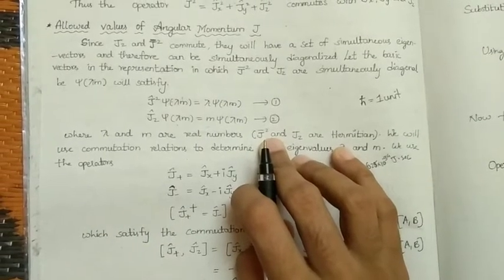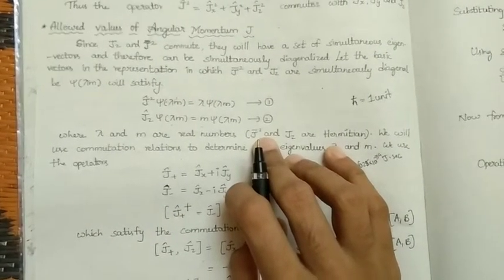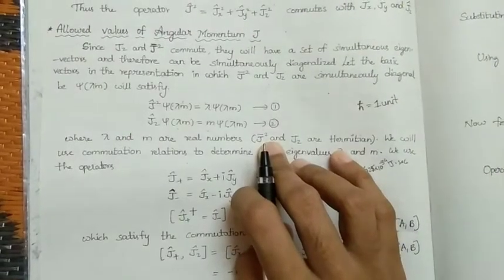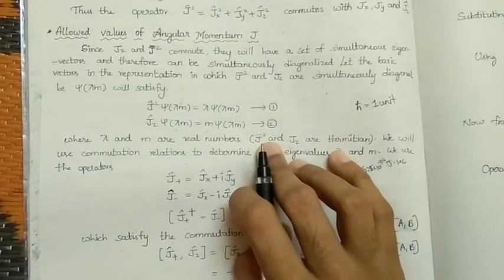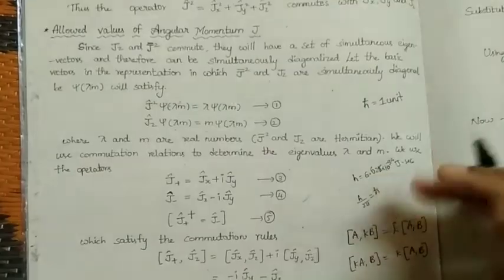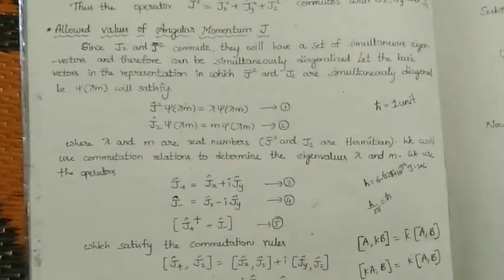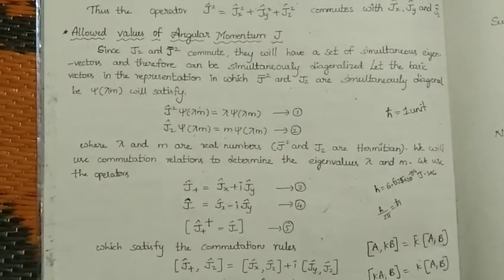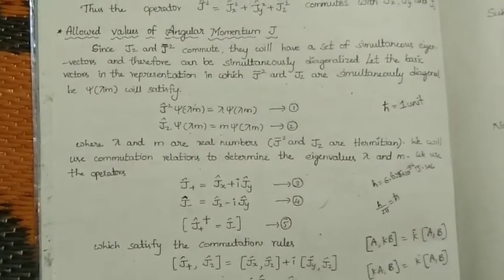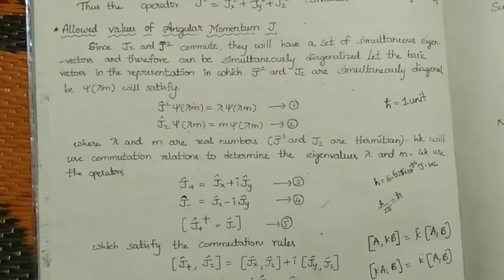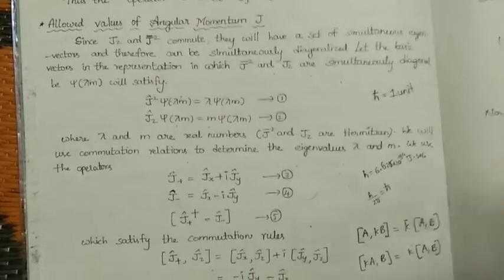If A is a matrix, and we take the transpose and the conjugate of that matrix, we get the same matrix as before. That is nothing but Hermitian.